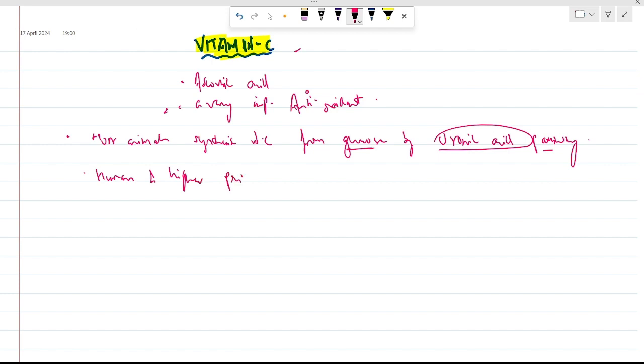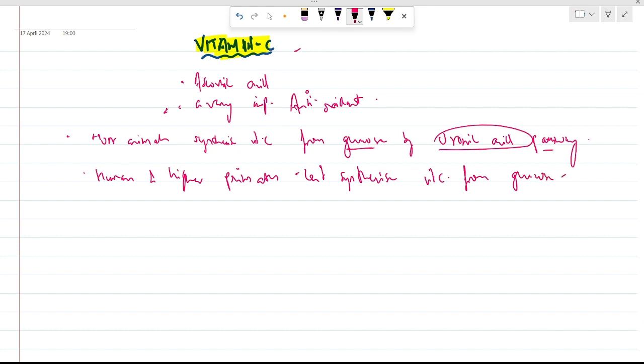higher primates can't synthesize vitamin C from glucose. Why?